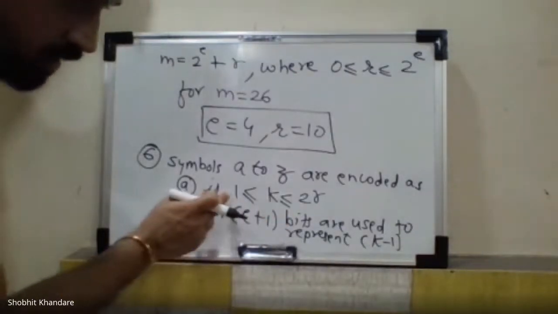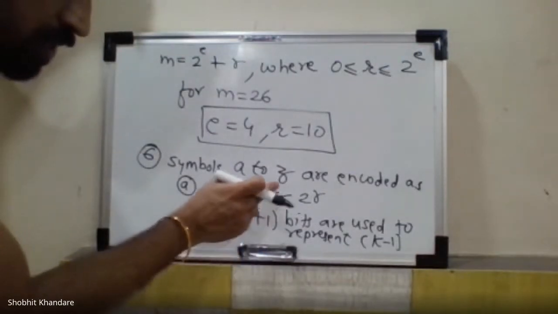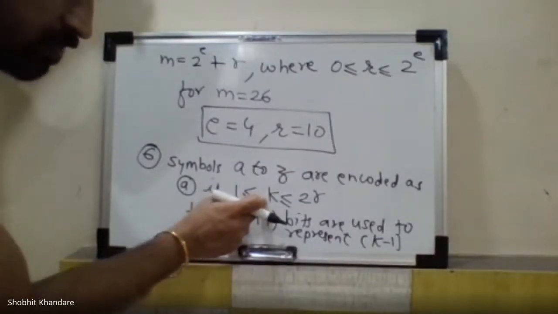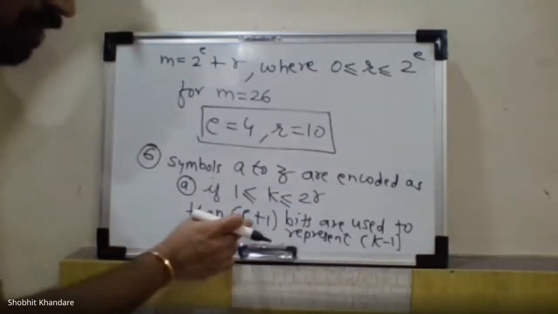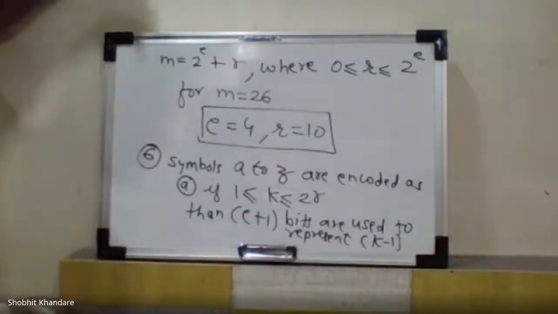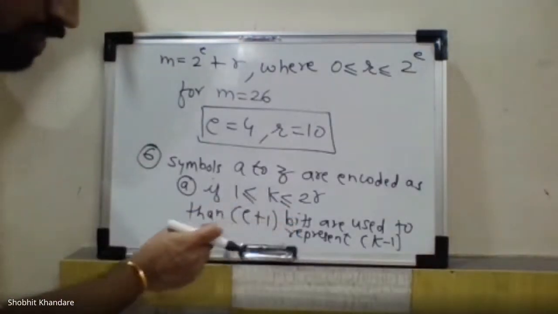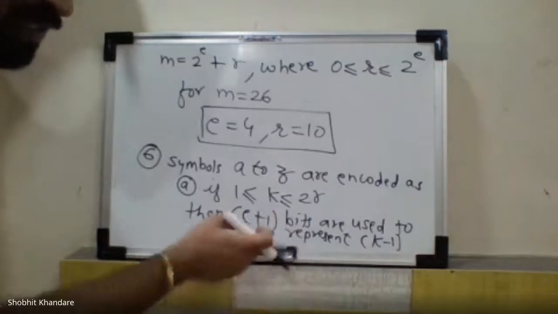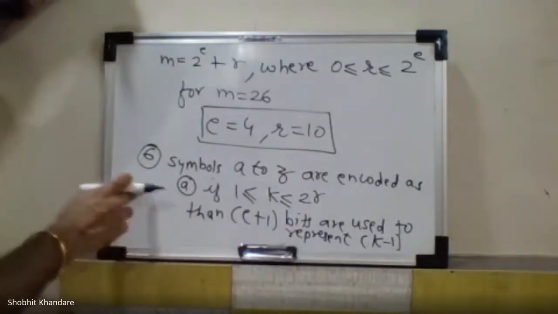See here, if the value of k is in between 1 and 2 into r, in that case e plus 1 bits are used to represent k minus 1. So what is k? We'll see. This is for the a part, which is there in step number 6.